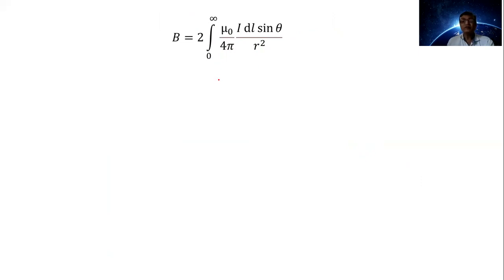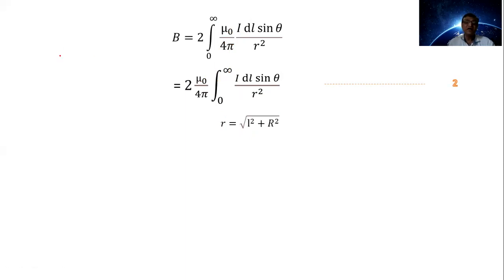We can take this constant term mu 0 upon 4 pi out of the integration. That's why we write twice mu 0 upon 4 pi integral of I dl sine theta upon R square, integration limit 0 to infinity. Suppose this is our equation number 2. But here R is equal to under root of L square plus r square.